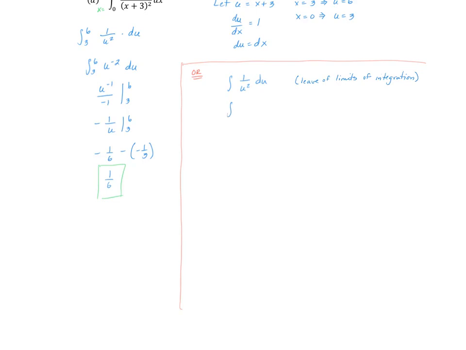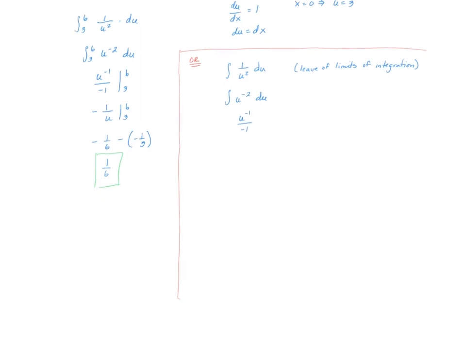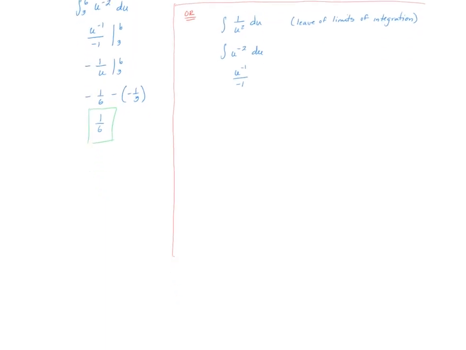So again, we had the integral of u to the negative 2 du, which was u to the negative 1 over negative 1. And again, I'm leaving off those limits of integration until I substitute back in for u. This was negative 1 over u, which is now negative 1 over x plus 3. I'm back with my variable x. I can use my original limits of integration.